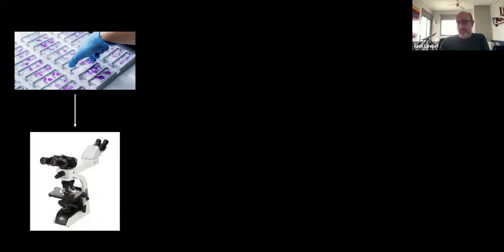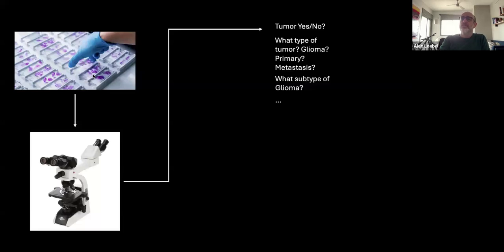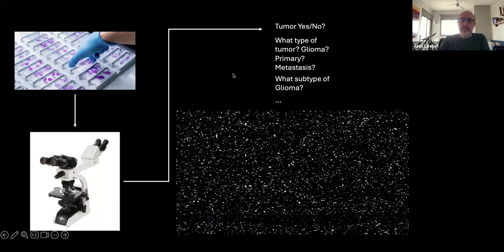And then the pathologist can have a look under the microscope and make a decision if it's a tumor or not, what kind of tumor, if it's glioma, if it's primary, if it's metastasis, and if they think it's glioma, then what type of glioma is it?